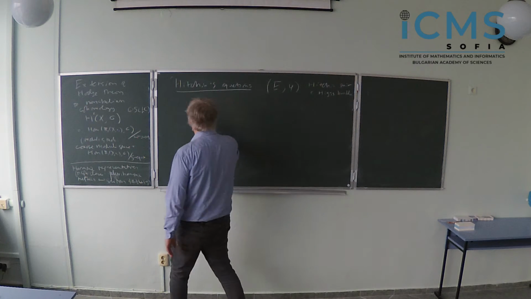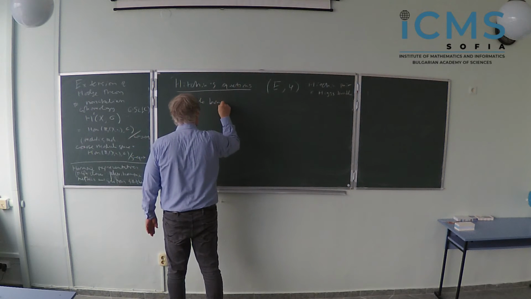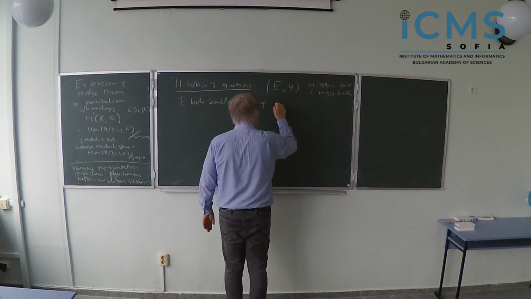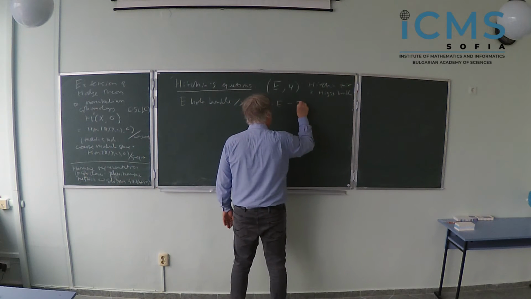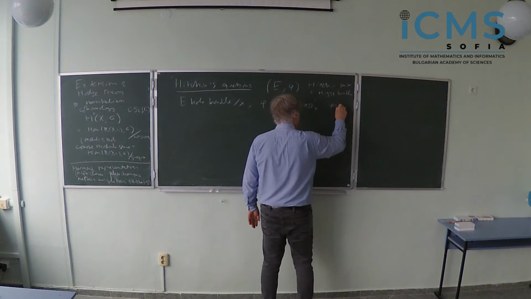So E is a holomorphic bundle on X, and phi is a holomorphic map from E into E tensor omega 1 of X, with phi wedge phi equals 0.